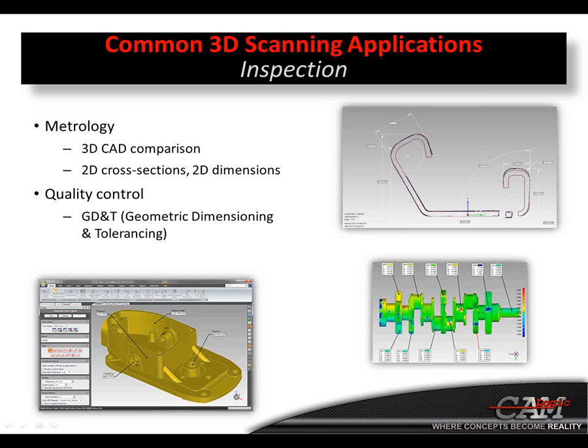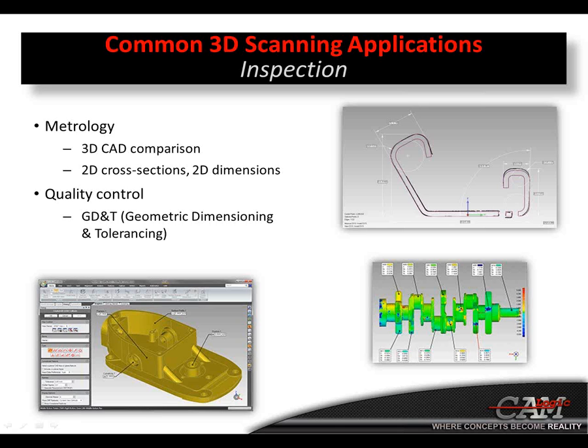Geometric dimensioning and tolerancing, something that was developed to understand whether or not a planar surface is truly planar or the tolerance within that plane has to fall, or cylindricity, and things like that. So that's a lot of what we deal with when we're talking about inspection.